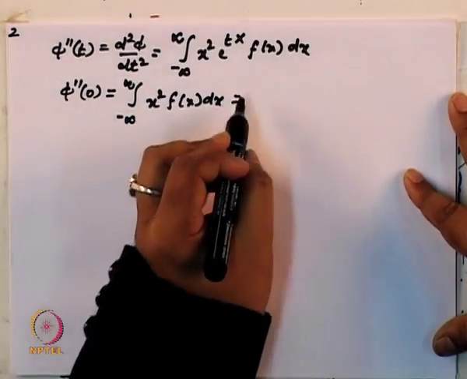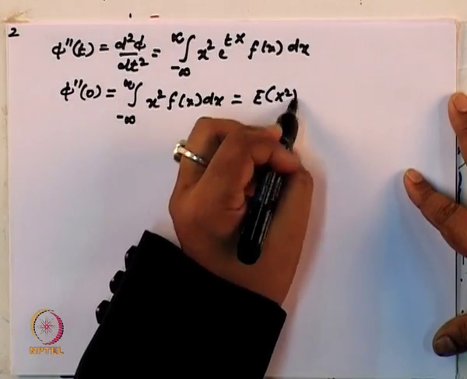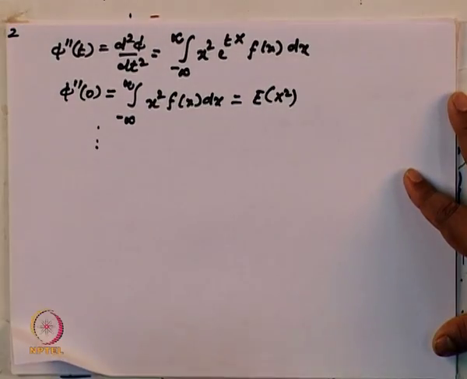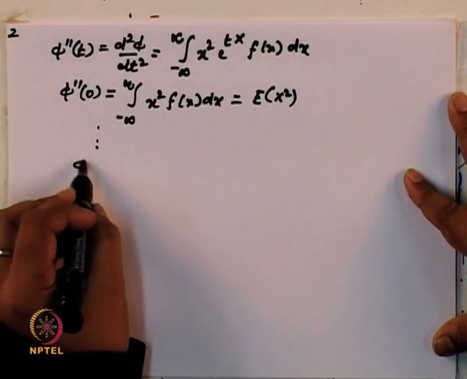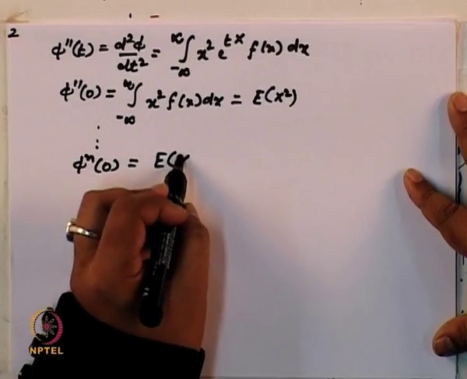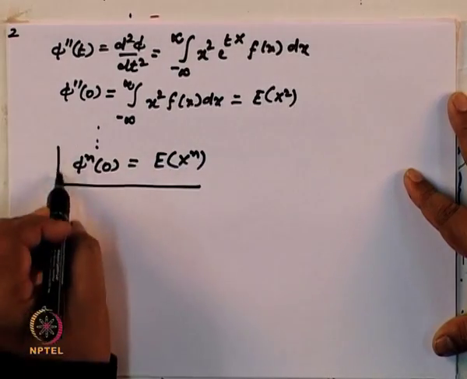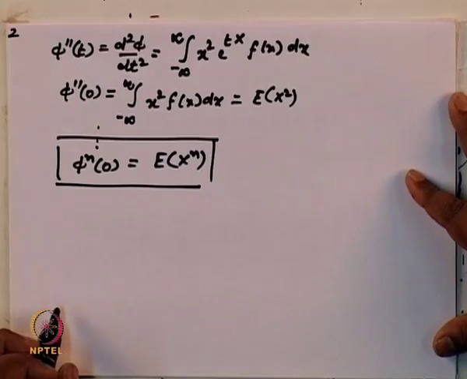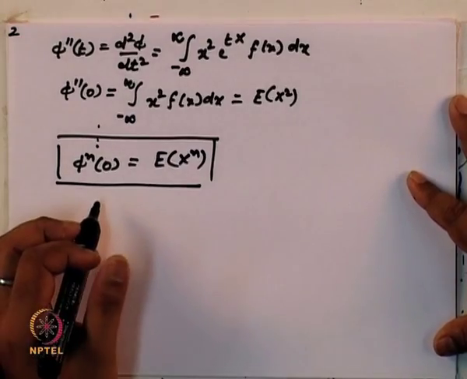What is this? This is nothing but the expectation of x square. So, if I continue like this, I will get the nth derivative at 0 is the expectation of x to the power n. Okay. So, using these moment generating functions, we can calculate expectation or variance of a population in the generic case.